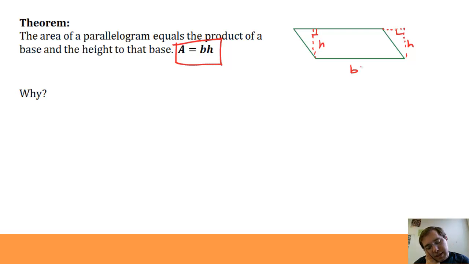So I want to convince you that that is, in fact, the formula for the area of a parallelogram. And the way to do that is to use what we know. And we know the area of a rectangle.